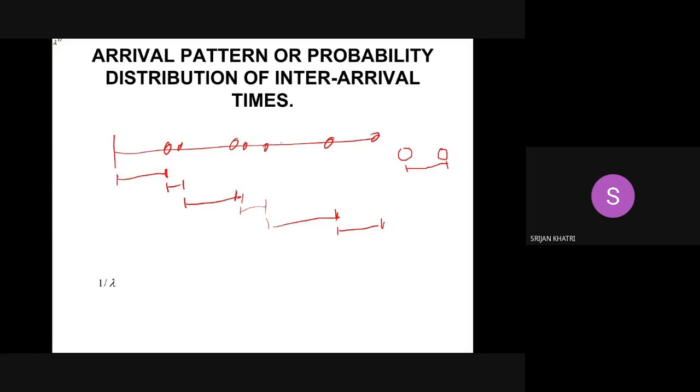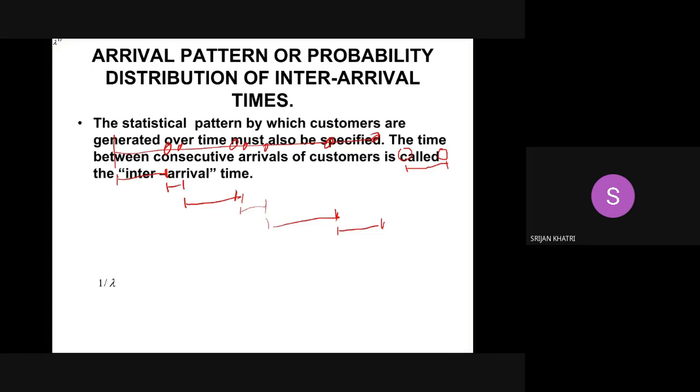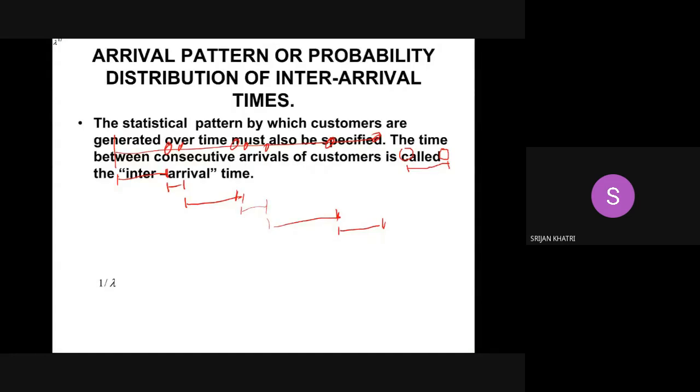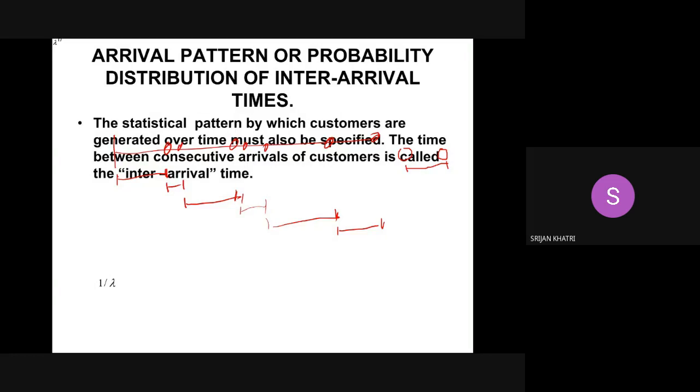It follows some statistical pattern, some standard or non-standard, but some statistical pattern, right? The statistical pattern by which customers are generated over the time must also be specified. The time between consecutive arrivals of the customer is called the inter-arrival time.